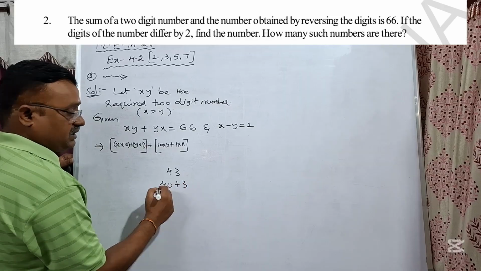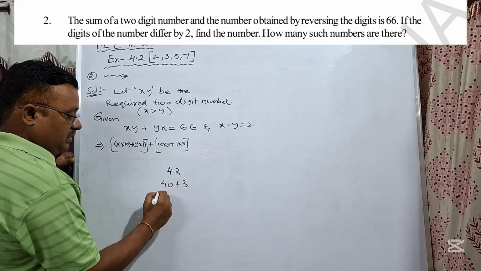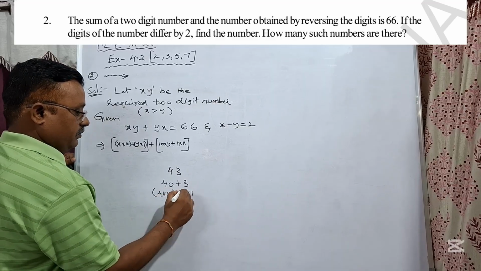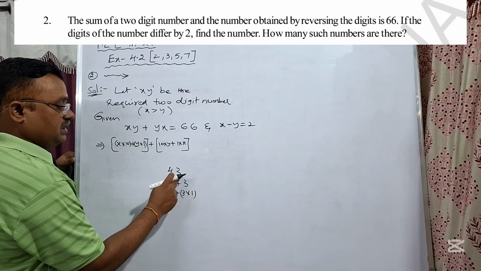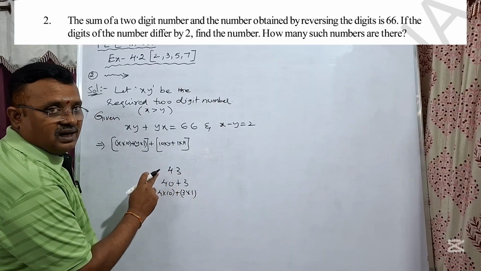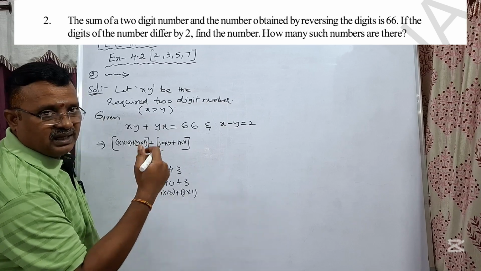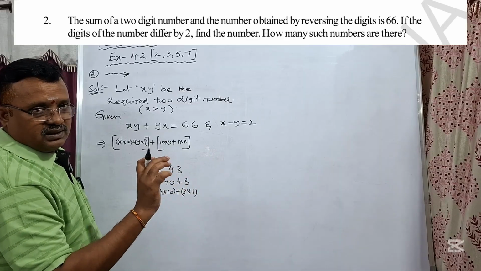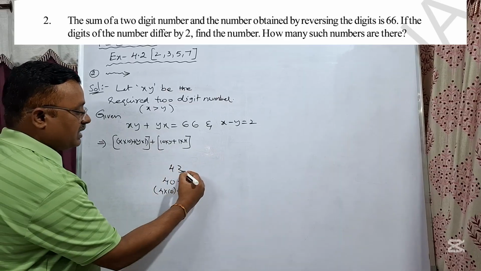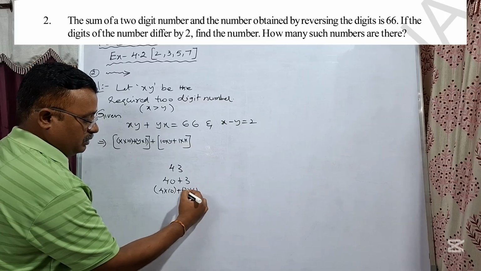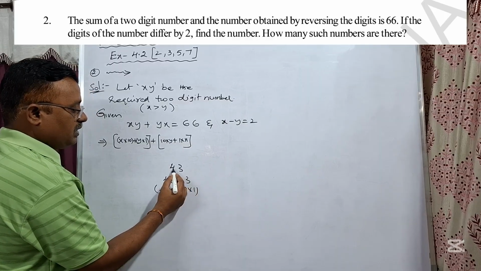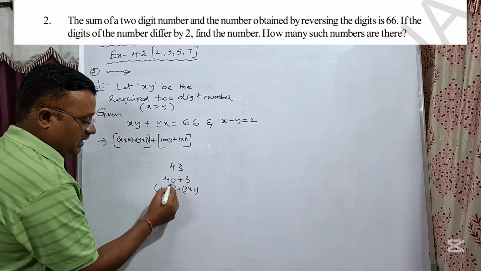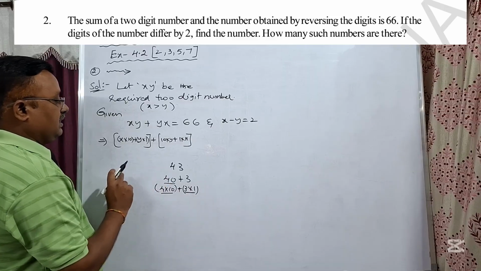So 40 plus 3 is 43. How does it come? 4 into 10 plus 3 into 1. These are called place values. In earlier classes, 6th, 5th, 4th class, we have the place value concept. 3 is in the units place, so 3 into 1 is its place value. 4 is in the tens place, so 4 into 10 is its place value, so 43.